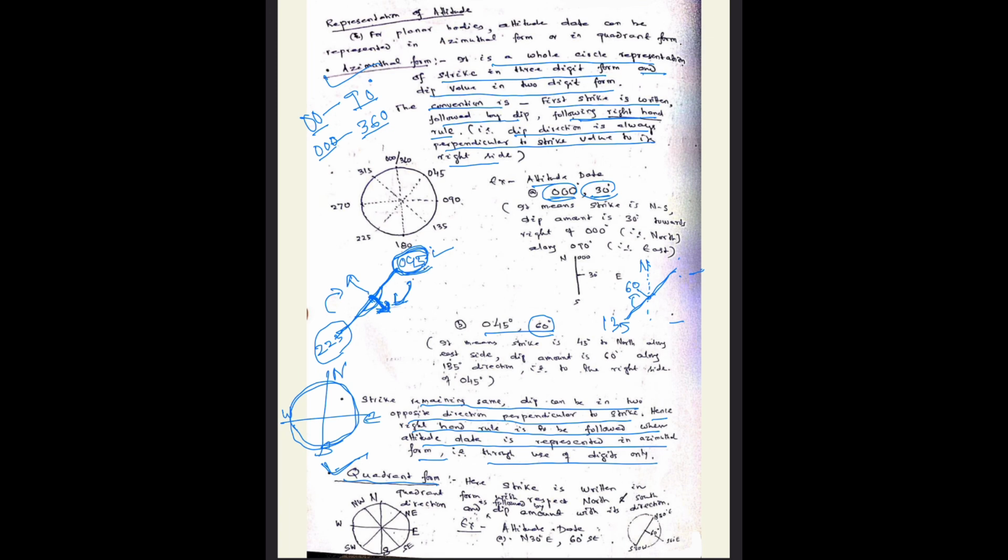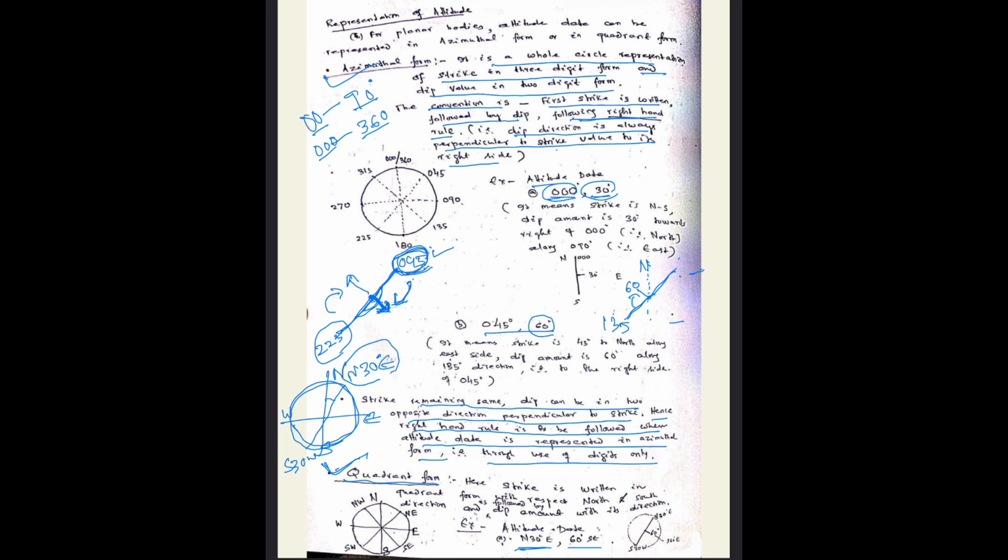Let us say the attitude data is north 30 degrees east, south 60 degrees southeast. So we have to first write down the strike, that is north 30 east. So this will be 30 degrees from north towards east. So north 30 east. The other side will be south 30 west.